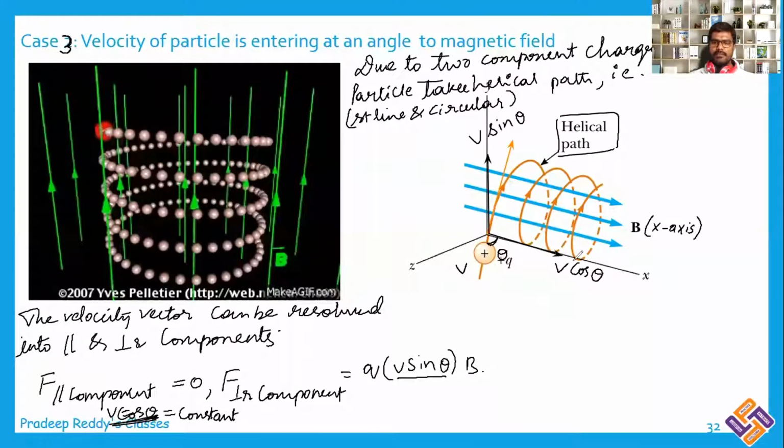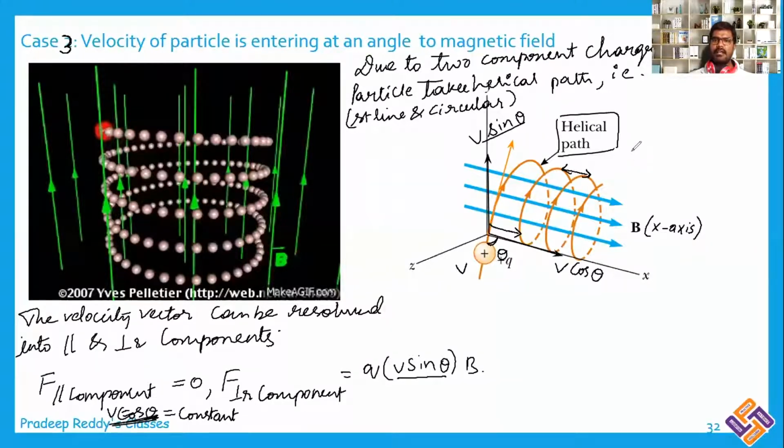Because of this V cos theta, the charged particle is moving in the forward direction. And because of this V sin theta, the charged particle is taking the circular path. This is called a helical path. Now in between these two helical turns, there is some length, right?